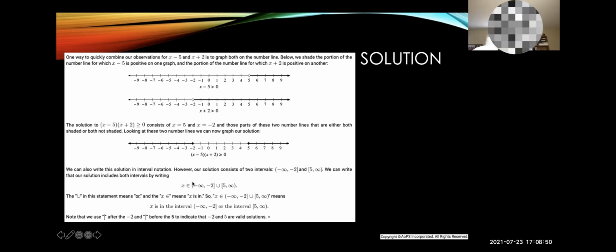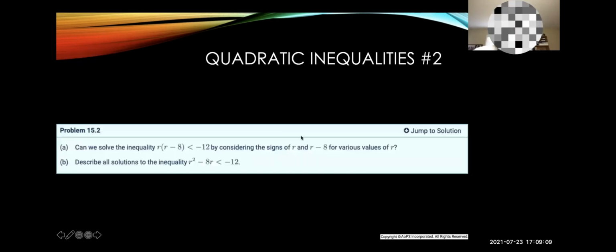And it's just a common thing to always put parentheses for infinity. Never put brackets, always put parentheses. And what this union is, it's almost kind of like an and symbol. So the solution works for this part and this part. So that's what the union stands for, and that's what the brackets stand for. So those are the solutions for this question.